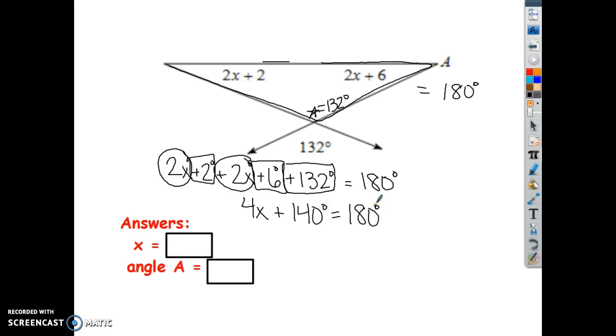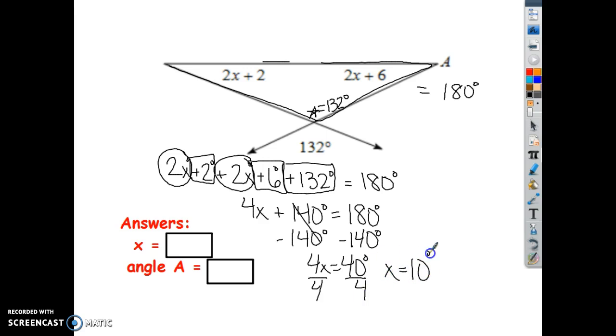We now solve this like a two-step equation. Subtract 140 degrees from both sides, and we have 4x is equal to 40 degrees. And we divide by 4 to isolate the variable, so we get x is equal to 10 degrees. Okay, so we fill in a 10 right here.